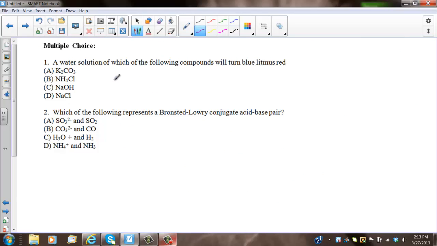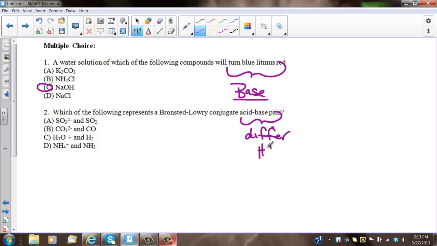A water solution of which of the following compounds will turn blue litmus red? We're looking for a base. That should have been fairly easy. NaOH. Which represents a pair? Remember, pairs only differ by H plus.